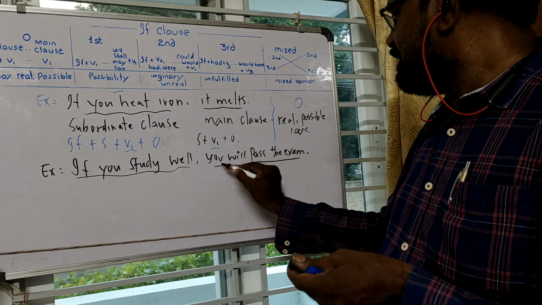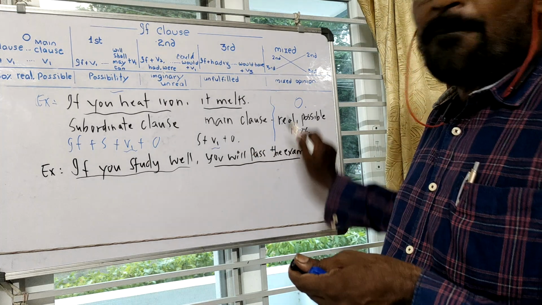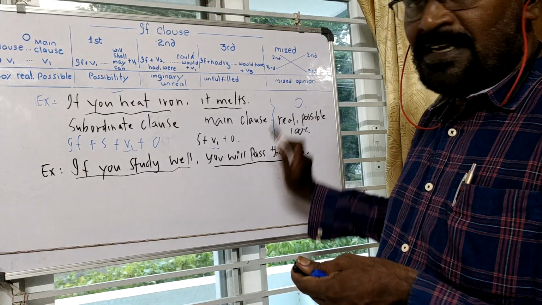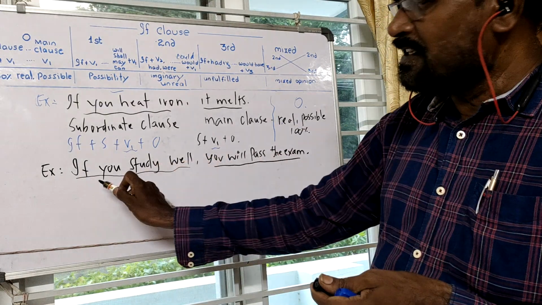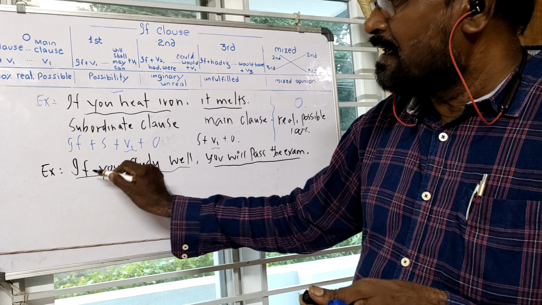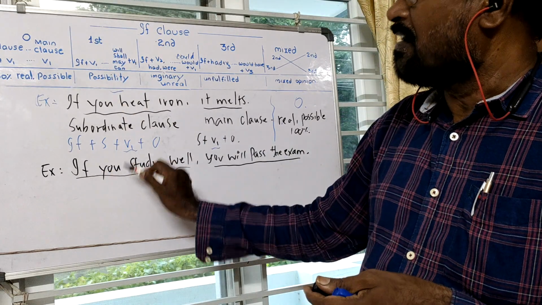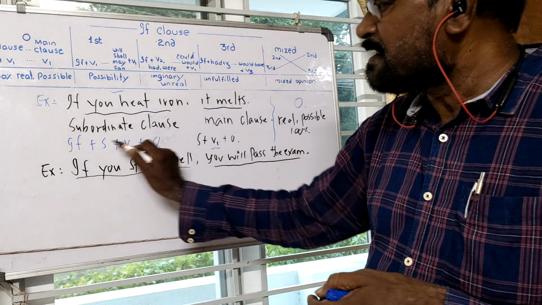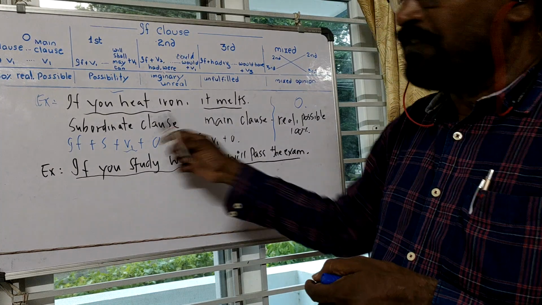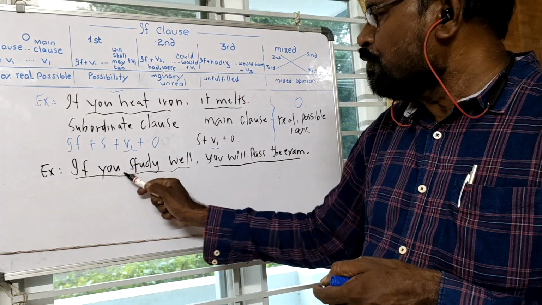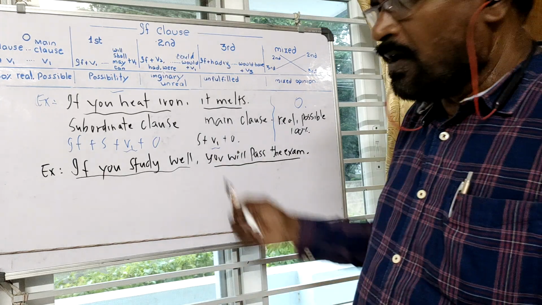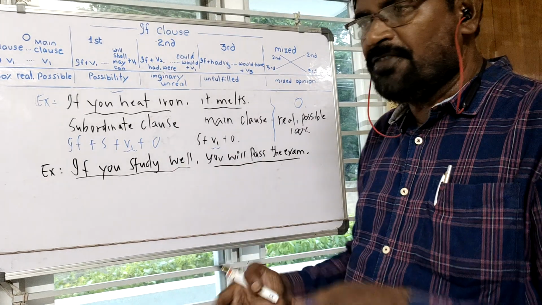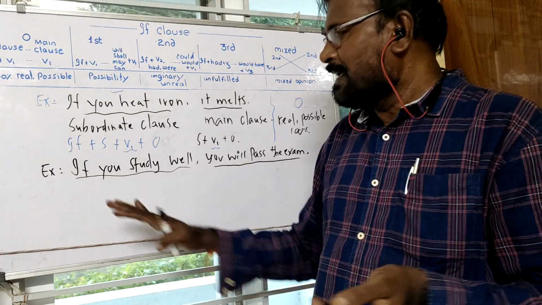Here this part of the sentence gives complete meaning and does not depend on the other clause for meaning, but the if clause depends on the main clause for its complete meaning. If you study well, what happens? If he studies well, what happens?